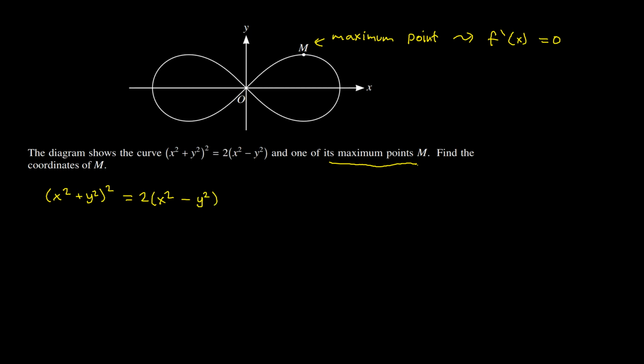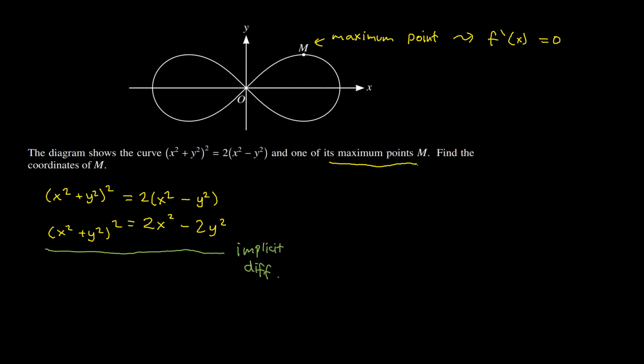Okay, now I'm going to distribute this right hand side, so I will have 2x squared minus 2y squared, and I'm gonna just leave this one as is. So (x squared plus y squared) squared. Okay, now let's do implicit differentiation.